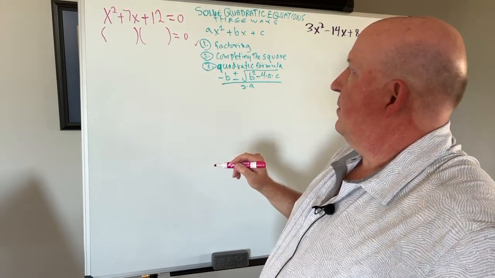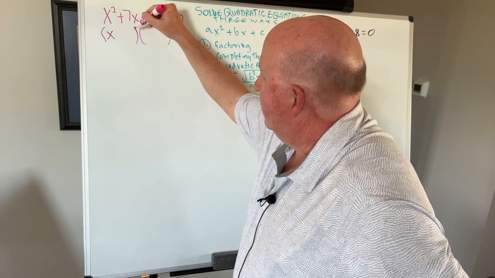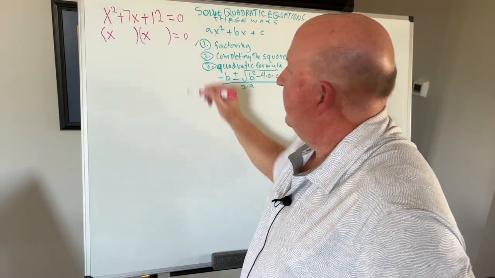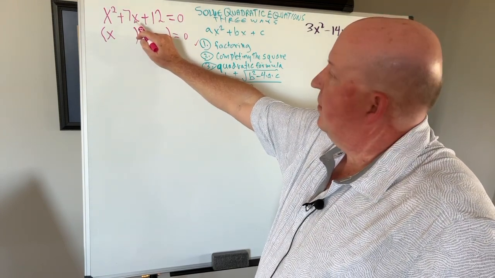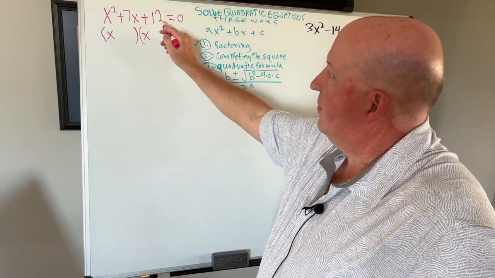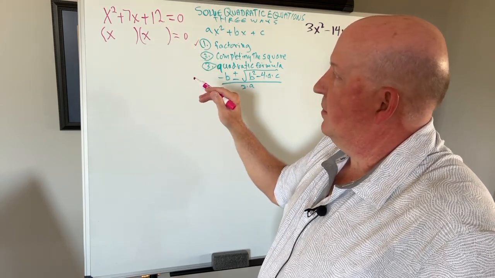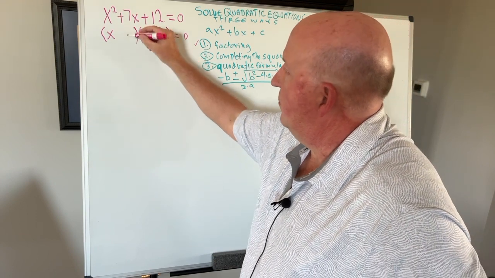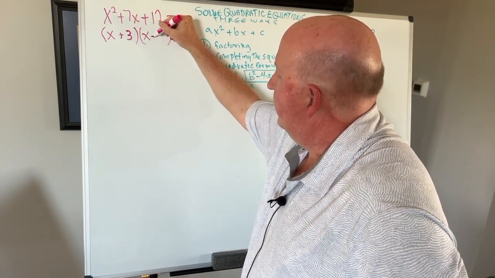The easy way to start is to always start each one with x, and then figure out which numbers added together get 7, and multiplied together get 12. This one's fairly easy, so you can see it will be plus 3 and plus 4.